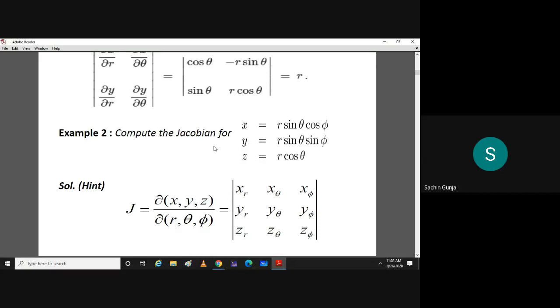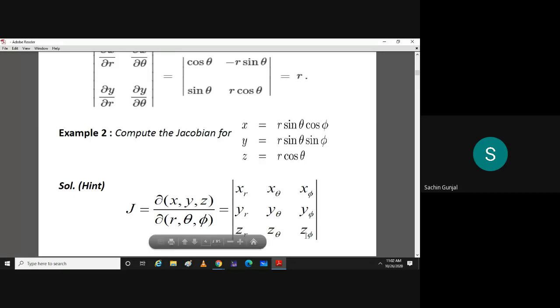Question is, find the Jacobian of xyz with respect to r theta phi. So pick up x and differentiate it with respect to r, then theta, then phi. That is your first row. Then the middle row is y with respect to r, theta, phi, and the third row is z with respect to r, theta, and phi.